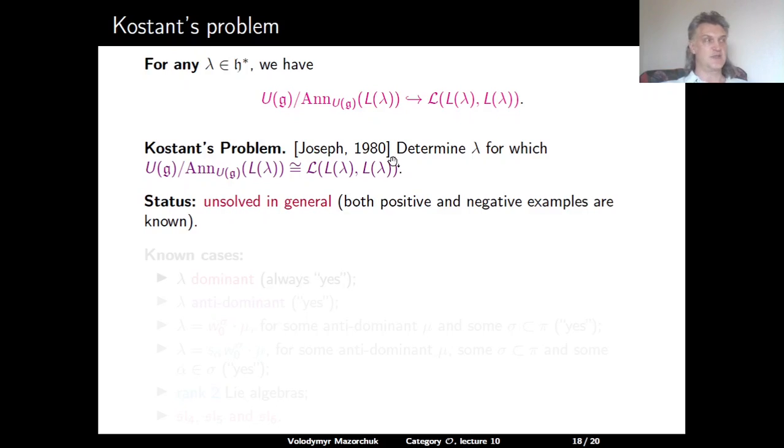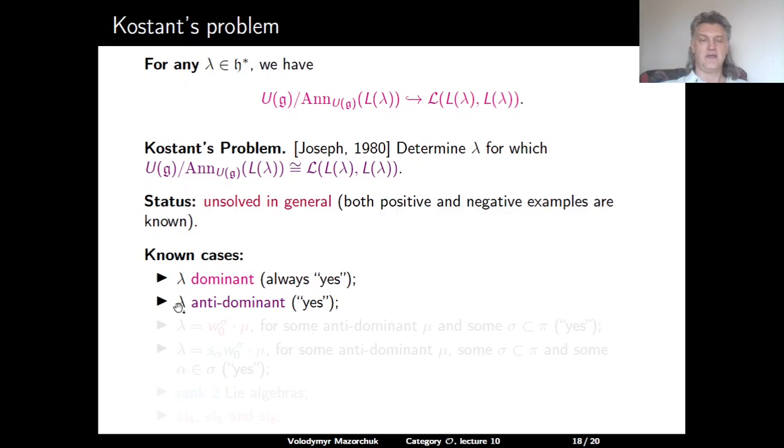The status of this problem is that it is unsolved in general, and that both positive and negative examples of the answer are known. So the known cases are: if lambda is dominant, then the answer is always yes. If lambda is antidominant, the answer is always yes.